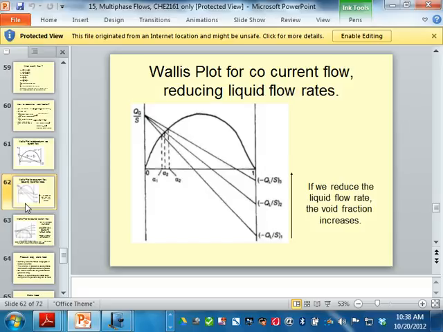We expect the intersect to go down. We reduce the liquid flow rate. In other words, the bubbles are rising slowly, so the bubbles are rising faster to meet the actual flow rate.